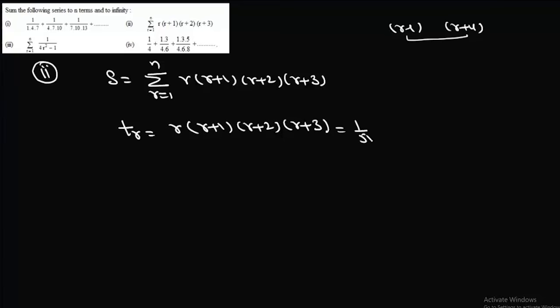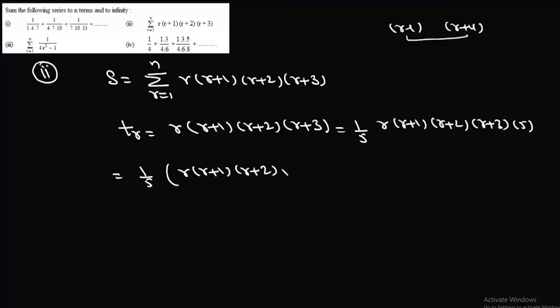So we can write 1 by 5, and this is (r+1)(r+2)(r+3) into 5. Now we want to write this as 1 by 5, and this is (r+1)(r+2)(r+3), and we'll write this as (r+4) minus (r−1), and we'll split it in two parts.